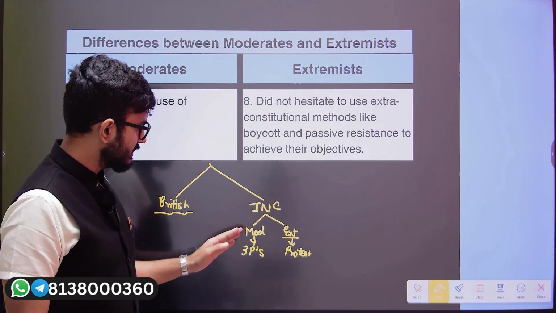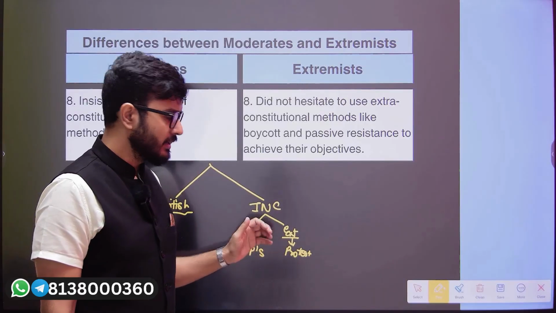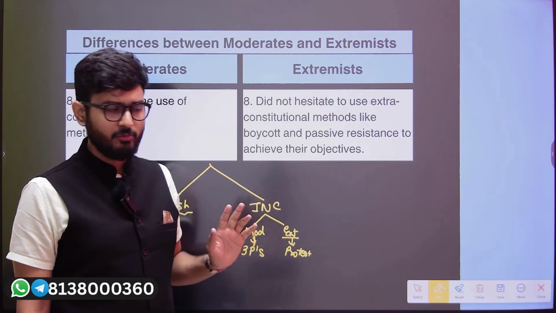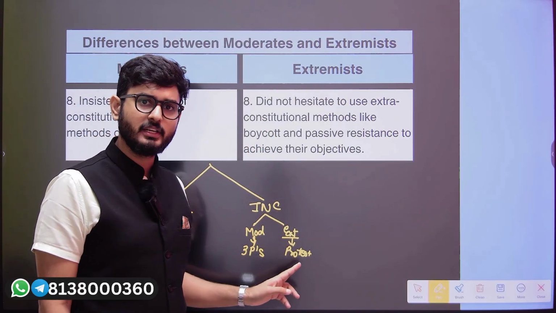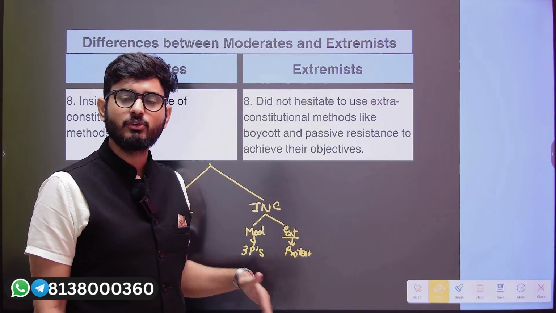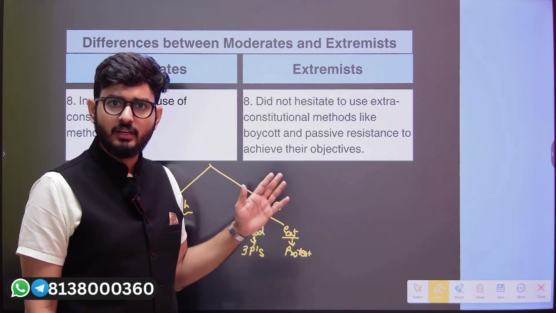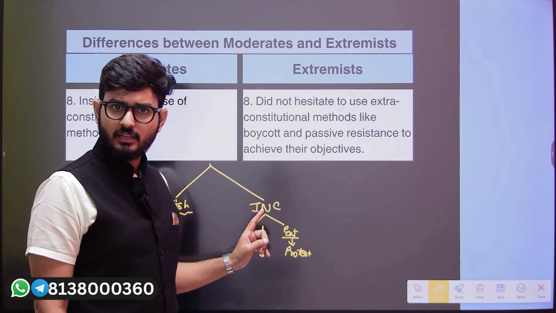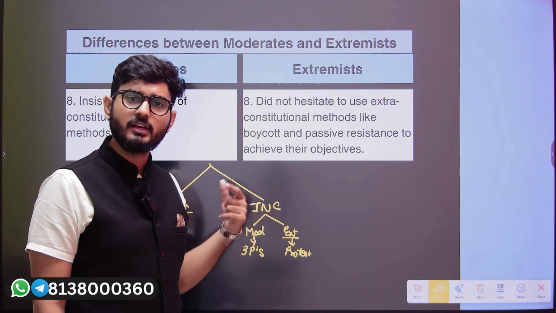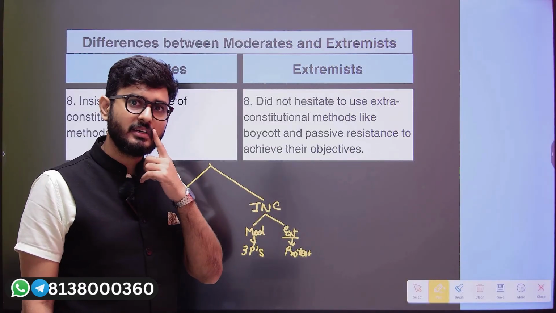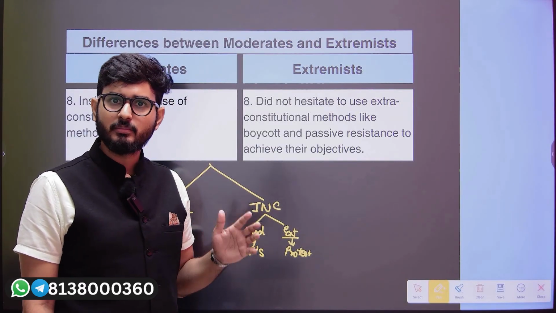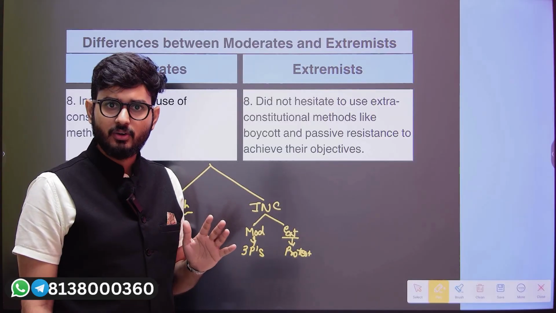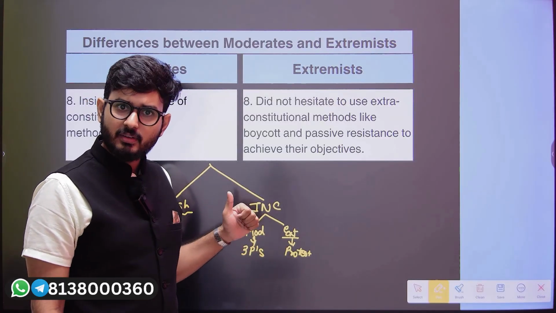So the INC has moderates and extremists here. At that point of time, these extremist leaders generally favored protest and everything. The extremists were also a part of the INC, and the INC was the political representative of India. It demanded things from the Britishers, and the Britishers could not deny that, because it was a pan-India level party.